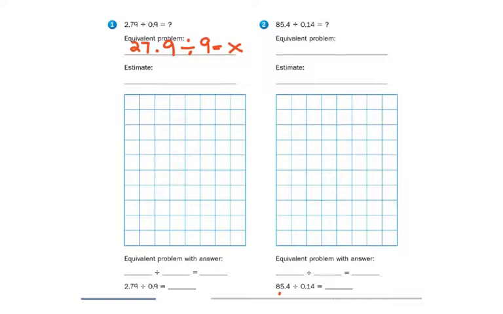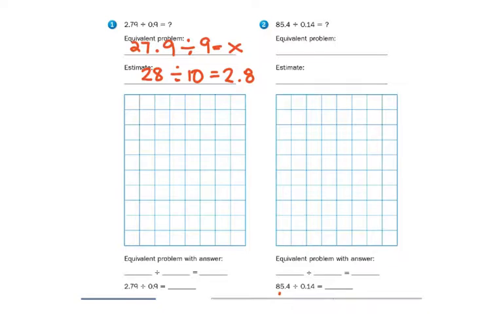So my estimate would be: 27 and 9/10 is close to 28. And then I can say 9 is closest to 10. And 28 divided by 10 would give me 2 and 8/10. Because remember, when I divide, that answer is going to get smaller.